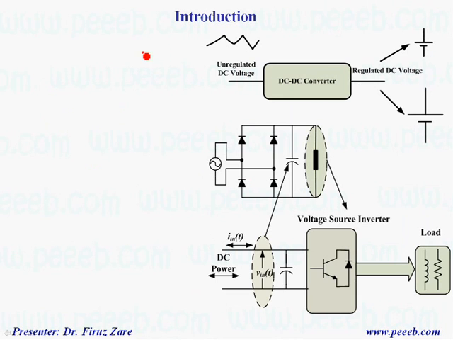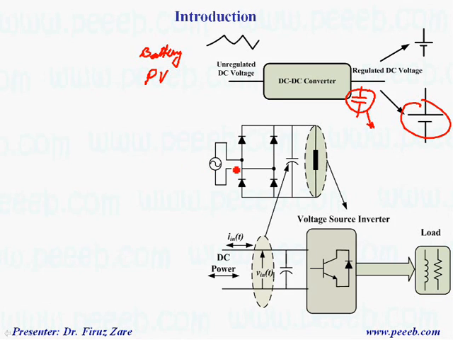So when we have a battery or when we have a PV, because the voltage is not high enough, we may have boost converter to be able to increase the voltage, and basically we have a capacitor at the output of the boost converter. So in this case the power supply is defined as a capacitor in most of inverters.